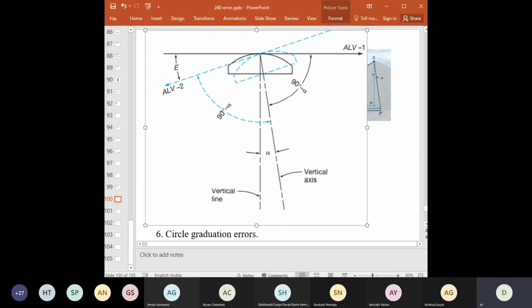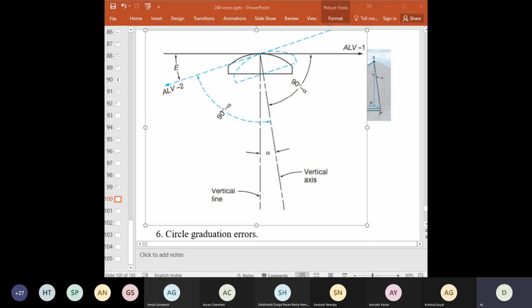So this should be the ideal condition. The ideal condition is not getting met because the level vial is out of adjustment. It is not perpendicular to the vertical axis of the instrument, but instead makes 90 minus alpha degrees with it. This is the angle which it makes with the vertical axis.